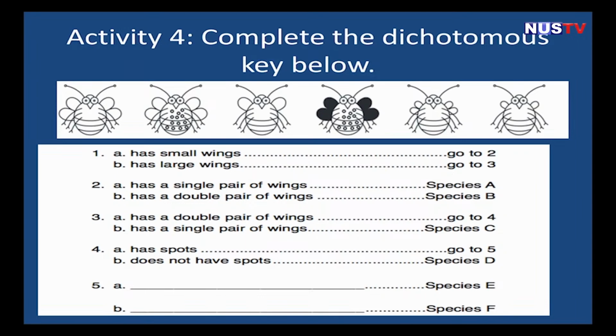Has small wings, has large wings, has a single pair of wings, has a double pair of wings, has a double pair of wings, has a single pair of wings, and the last one has spots and does not have spots. So what we're going to do here is try to identify which species is A, B, C, D, and E. So I'll give you a couple of seconds to do this activity.